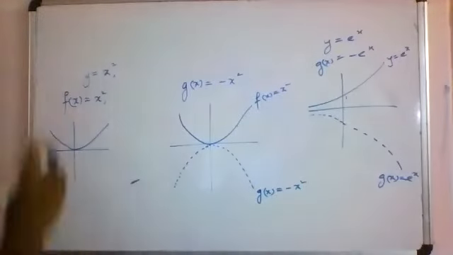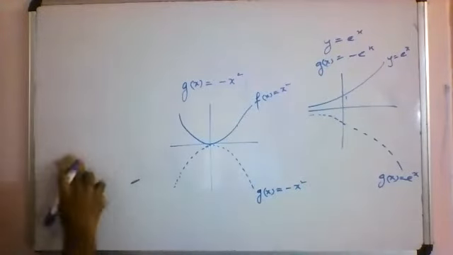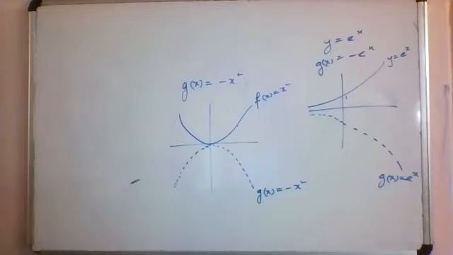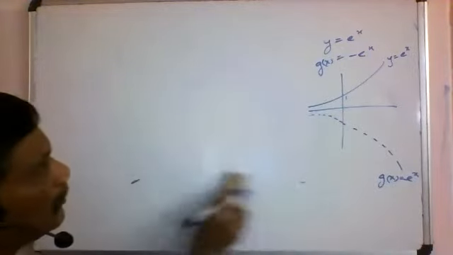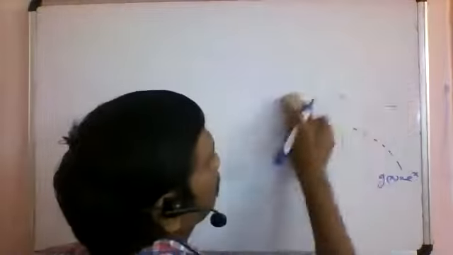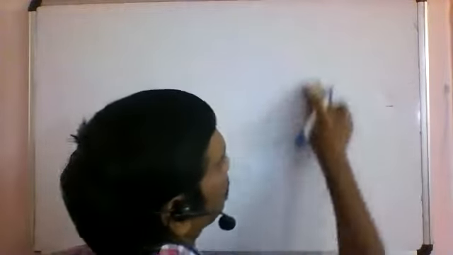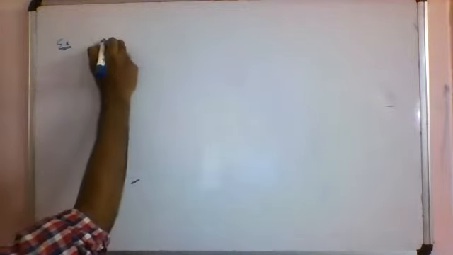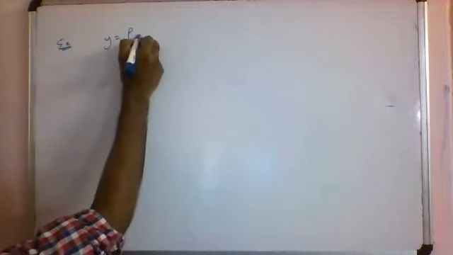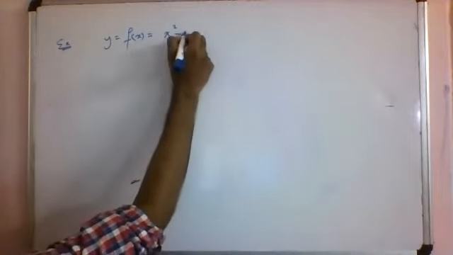Now see type 4. Let us take one more example on this, one big example. You have to be fast in drawing. Suppose y is equal to f of x is equal to x square minus 4x plus 3.